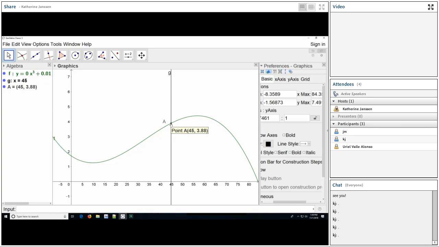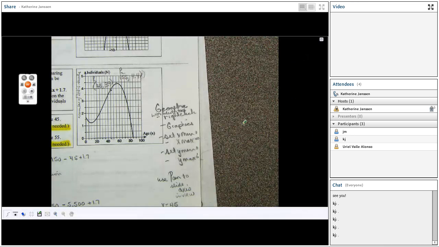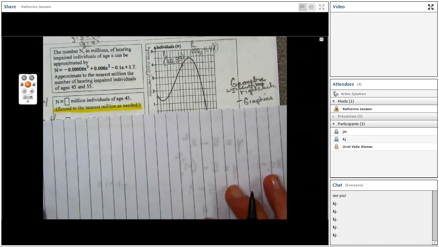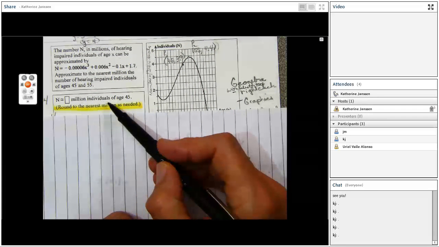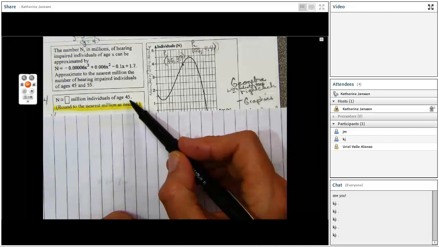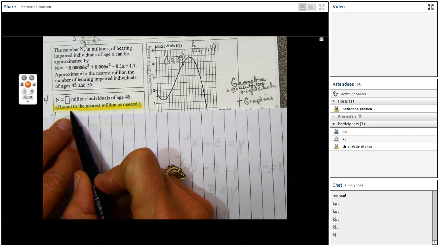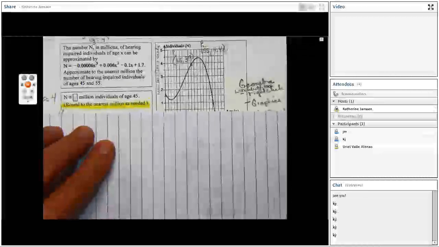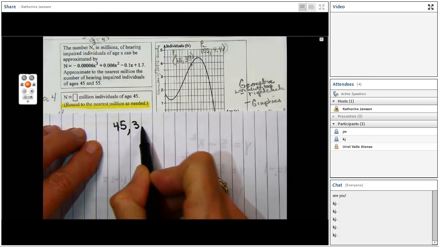And then at MyMathLab, they ask us to solve the number of millions of individuals at age 45 who are hearing impaired, but the directions continue to state round to the nearest million as needed. Well, we're at the point 45, 3.88.